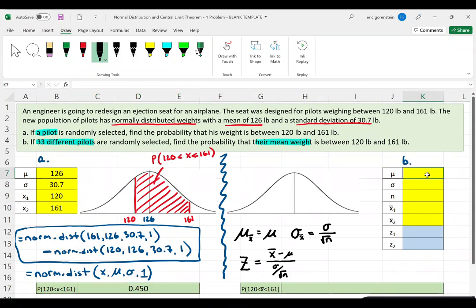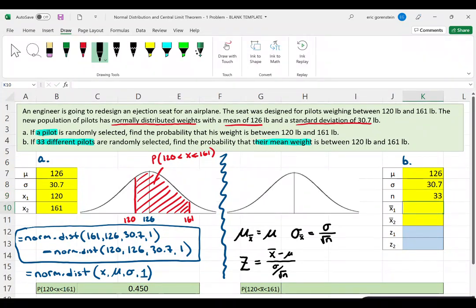All right, so part B, just to pull the pertinent information from the problem, we get the same mean of 126, same standard deviation of 30.7. Now we have a sample of 33, so n, the sample size, is 33.